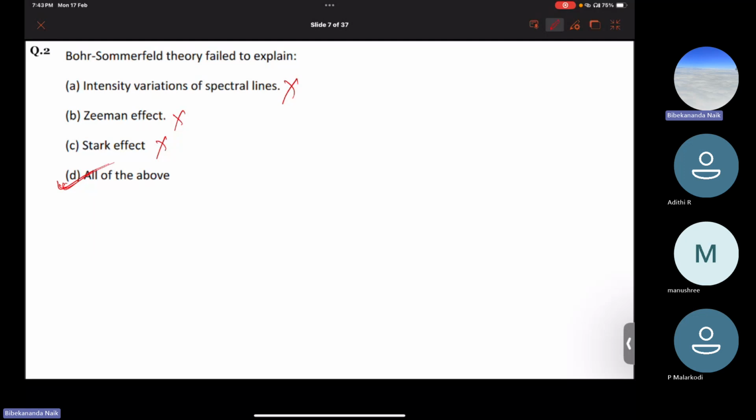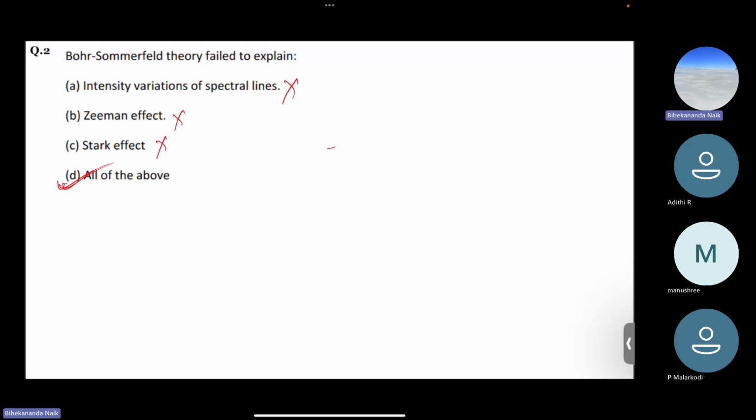Also, if we talk about the distribution of electrons, till now we have not discussed anything about the distributions, right? We are only talking about the transitions, because these two things, the model for one electron atom and the arrangement of electrons, are interconnected.